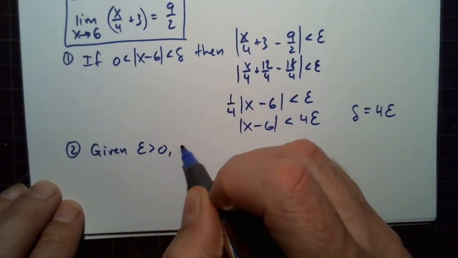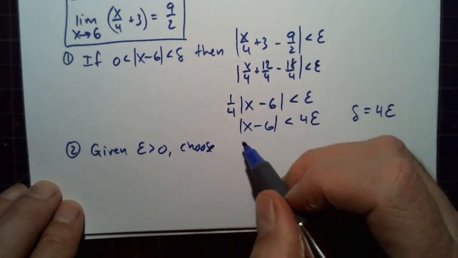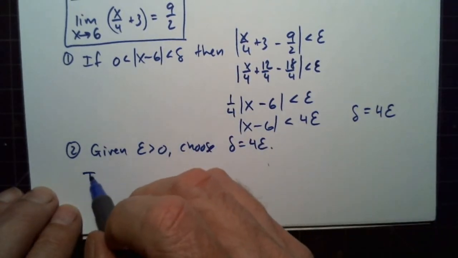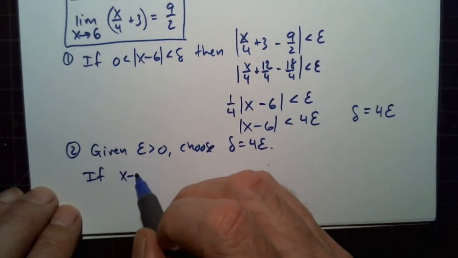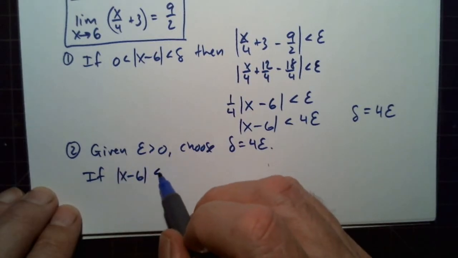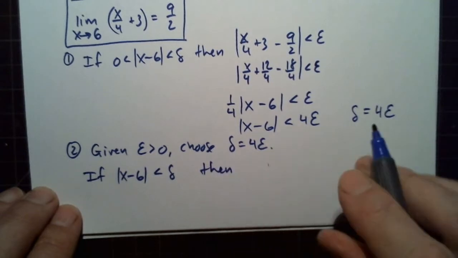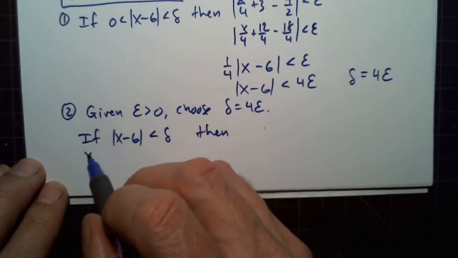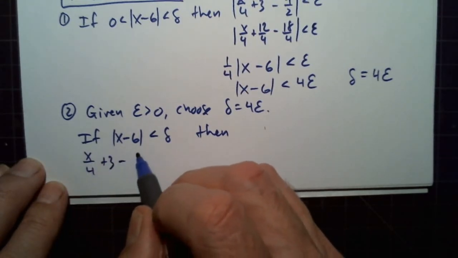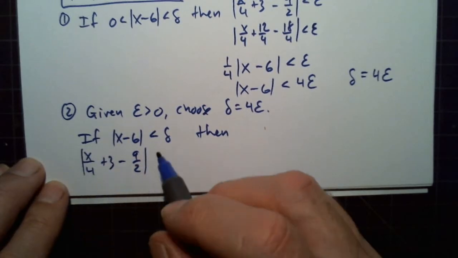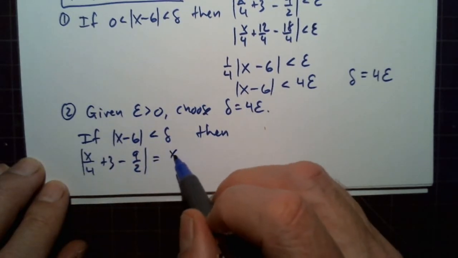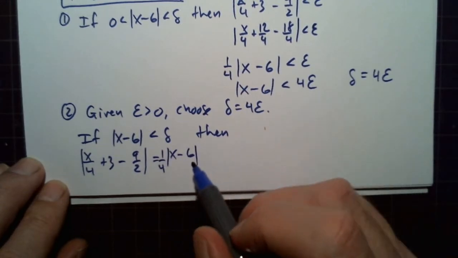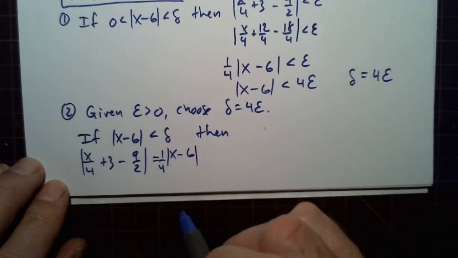Given epsilon greater than 0, choose delta equal to 4 epsilon. If 0 < |x - 6| < delta, then |f(x) - L|, which equals 1/4 |x - 6|, and |x - 6| is less than delta.